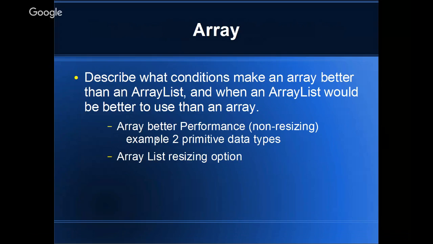Another example where an array would be better is when you have to use the primitive data types that we referred to in the slide before. An array list would be better clearly when you have to do resizing. For example, if you don't know what the size is going to be, and there could be an infinite number of things, the array list would be a better option.